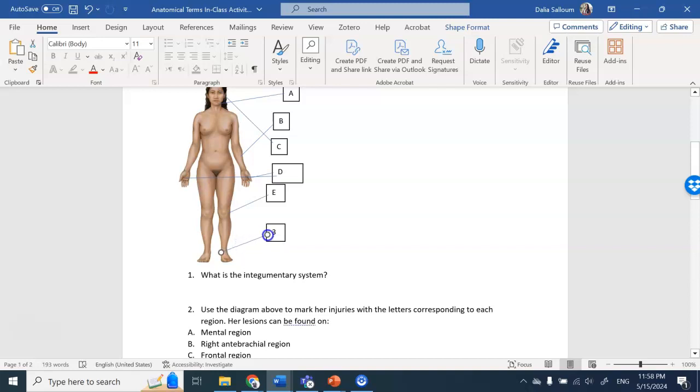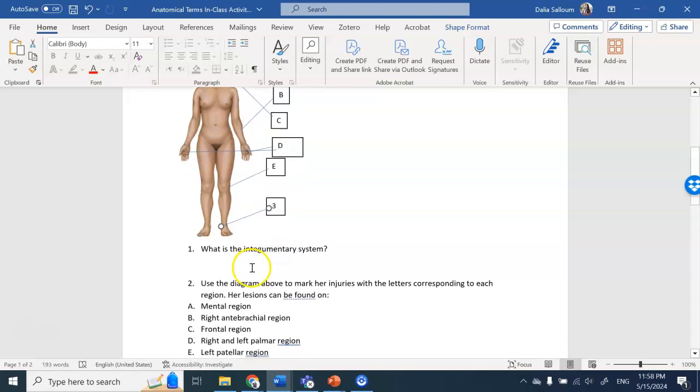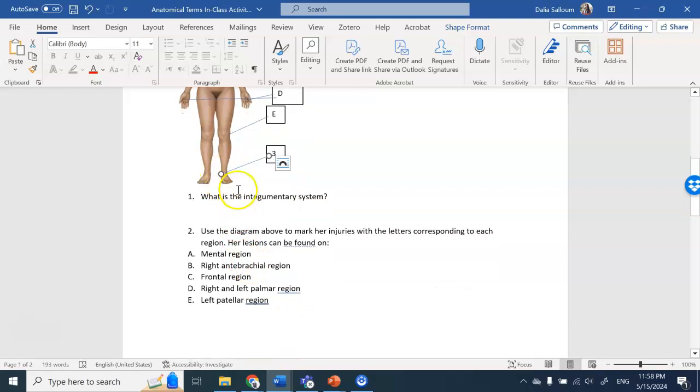So there's the tarsal region, or the ankle. You have tarsal bones, those are the ankle bones. And then left side is this side, and then we have the medial side of the ankle. So medial is more towards the midline, whereas lateral is more away from the midline. Away from the midline versus towards the midline.